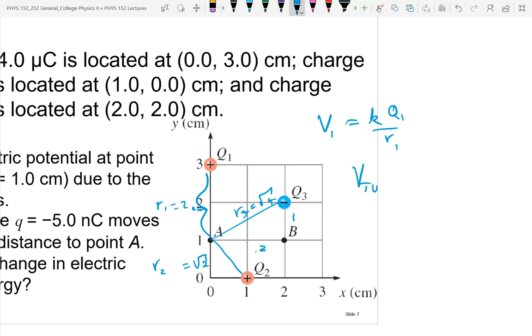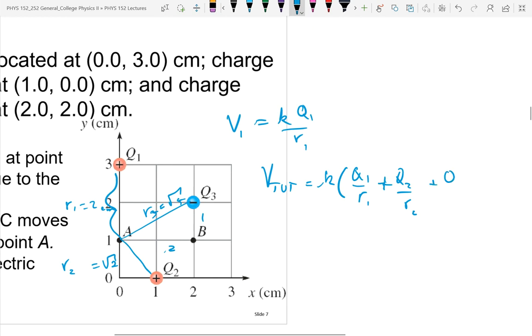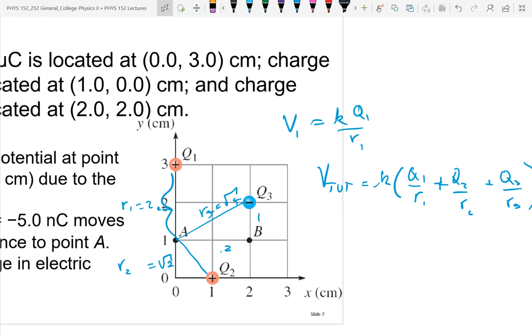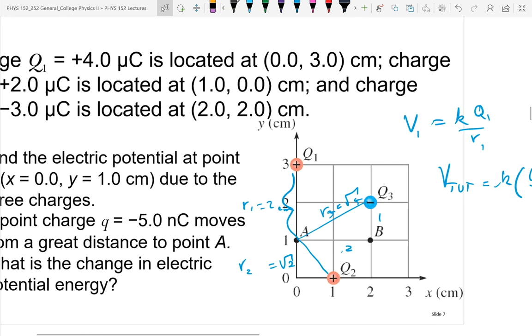V total is equal to K times Q1 over R1 plus Q2 over R2 plus Q3 over R3. So it's not a hard calculation. All you would do now is put in numbers. I don't care to put in the numbers because the work was simple. So find the voltage, not so hard.